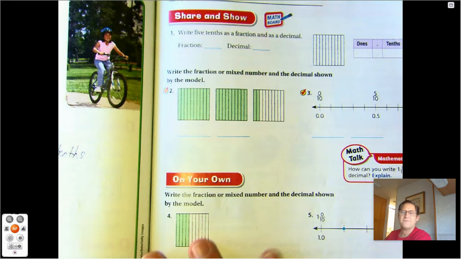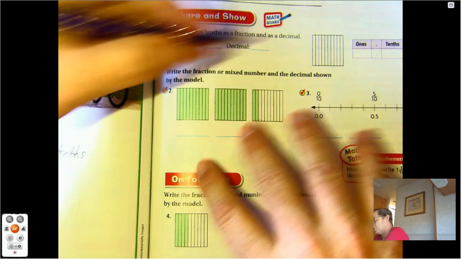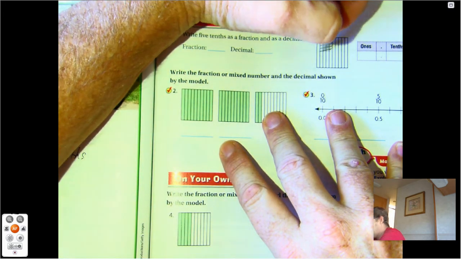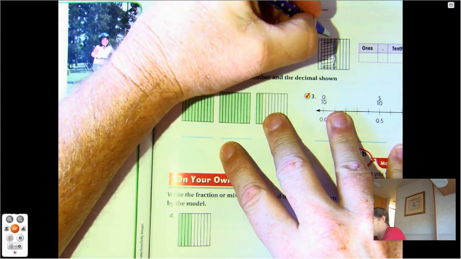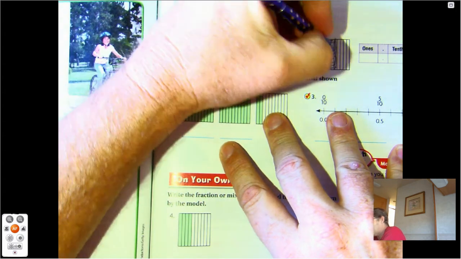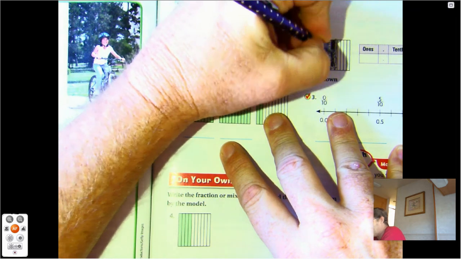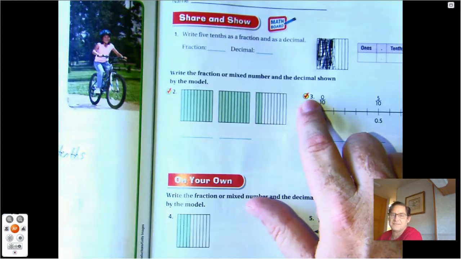All right, number 1, write 5/10 as a fraction and as a decimal. So shade in 5 sections. Oops, I shaded in too many, guys. All right. 5/10.